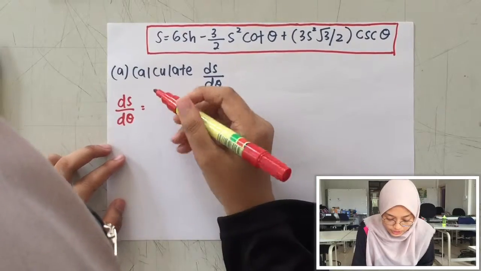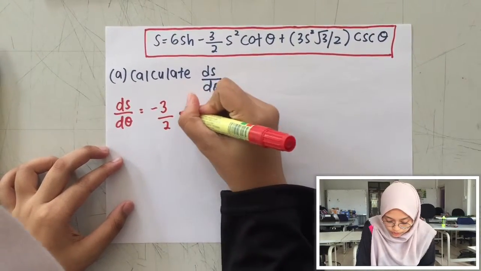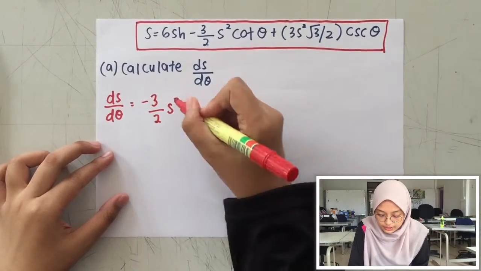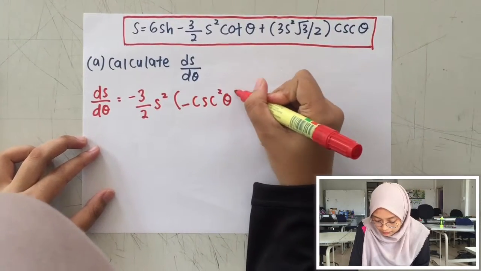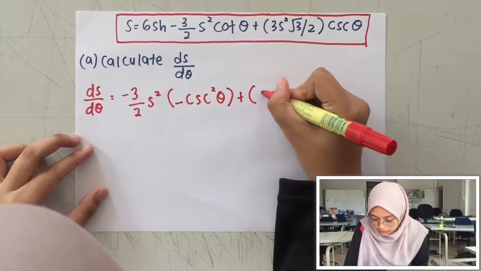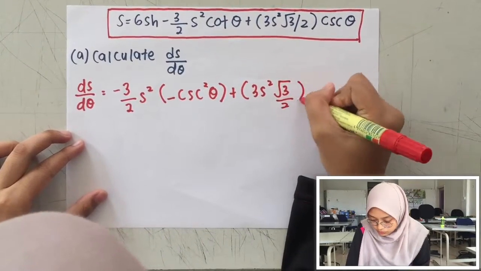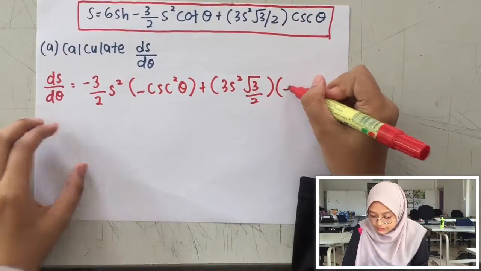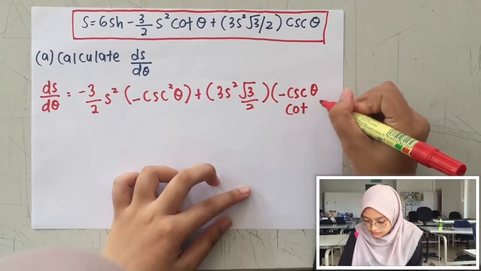So dS over d theta is negative 3 over 2 s squared, and the differentiation of cotangent theta is negative cosecant squared theta, plus 3s squared square root 3 over 2, and the differentiation of cosecant theta is negative cosecant theta cotangent theta.